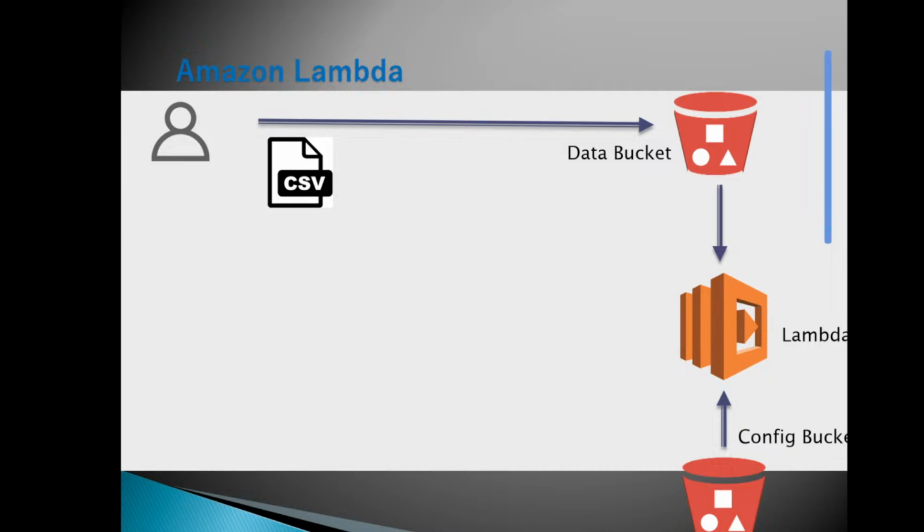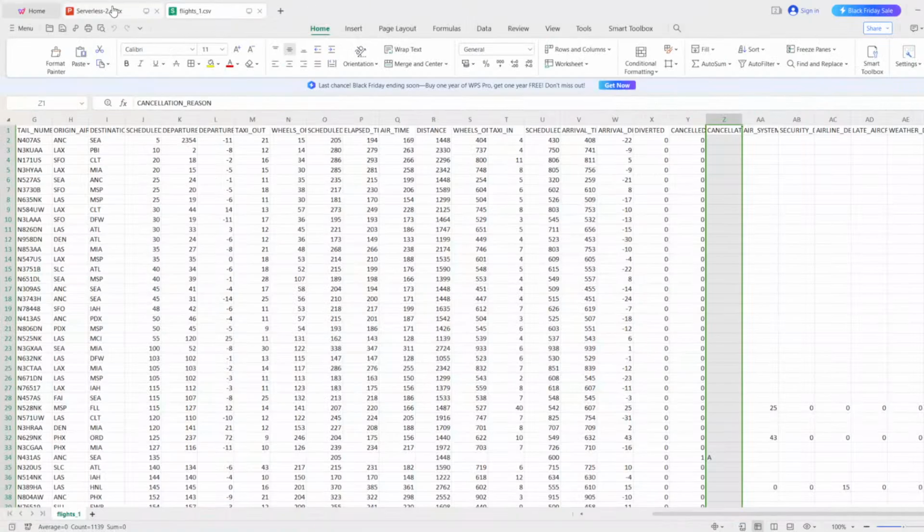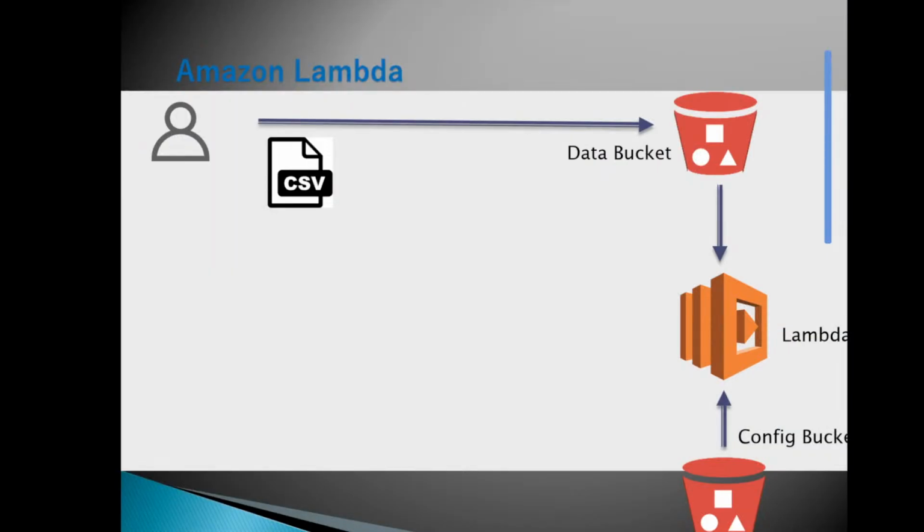So now in this architecture we are going to use one of the S3 properties where S3 will create a notification. Okay, whenever a file lands in S3, it will create a notification or it will create a trigger.